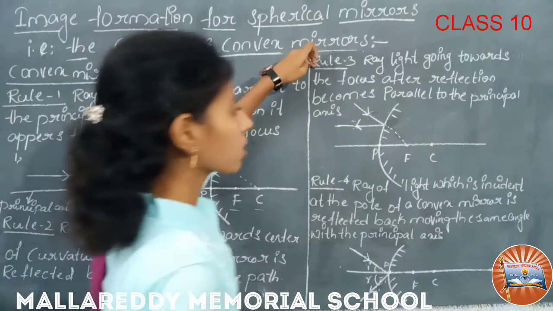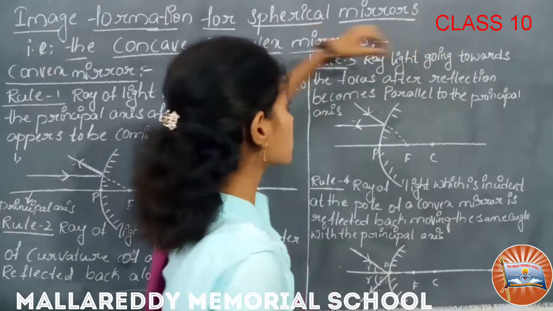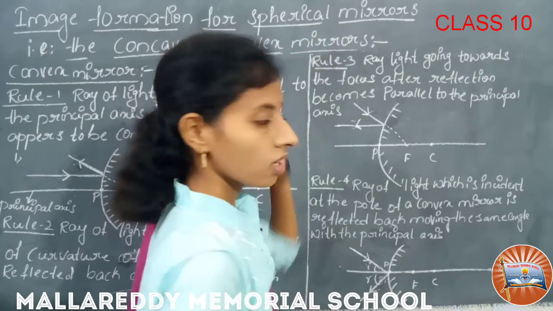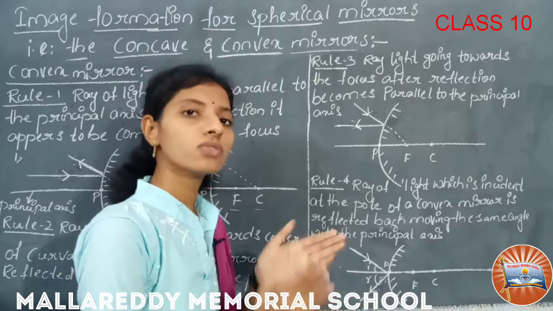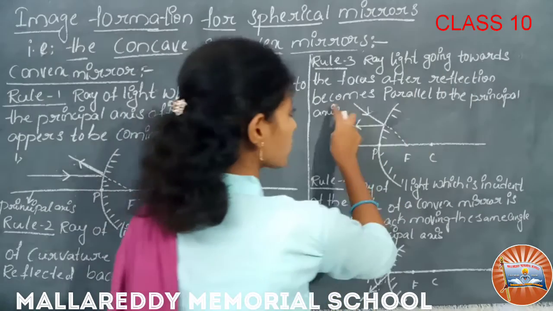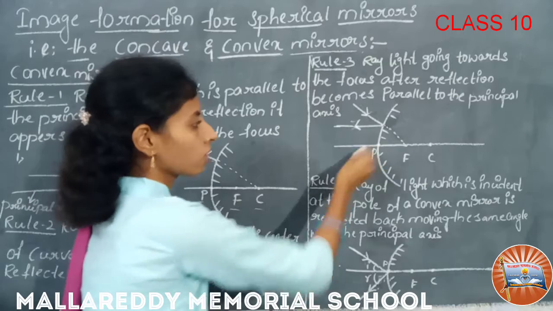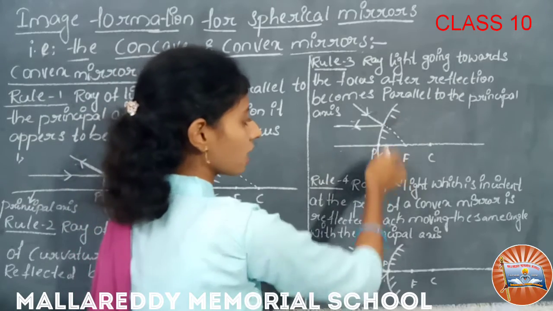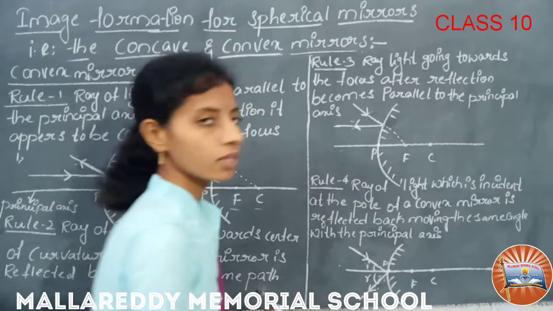Now come to rule 3. When the ray of light is going towards the focus, the incident ray is going through the focus. After reflection it becomes parallel to the principal axis. Here we have the principal axis, convex mirror, pole, principal focus and center of curvature.